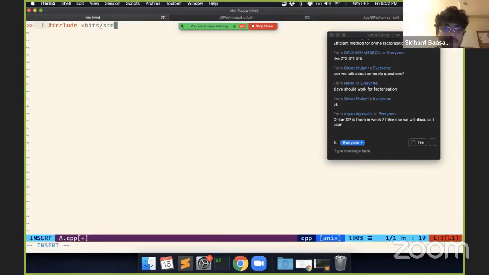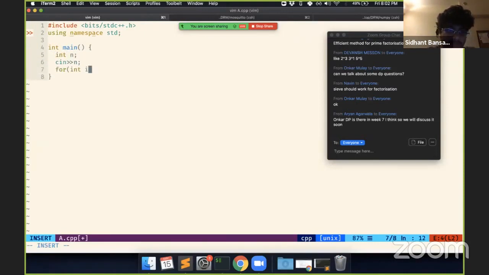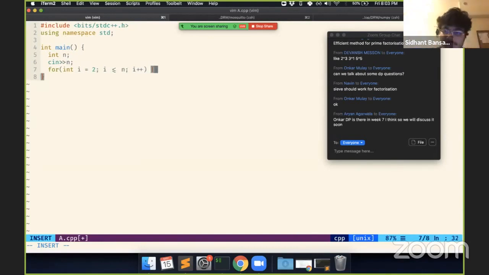I'm going to implement it from scratch. This is probably the fastest way in general. We'll be creating a sieve. I hope everyone is broadly familiar with the sieve of Eratosthenes.